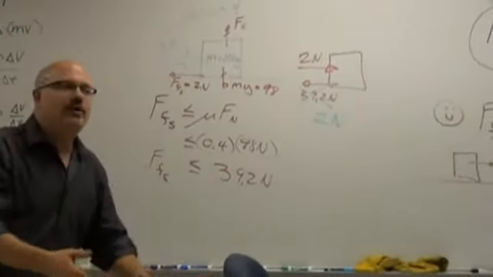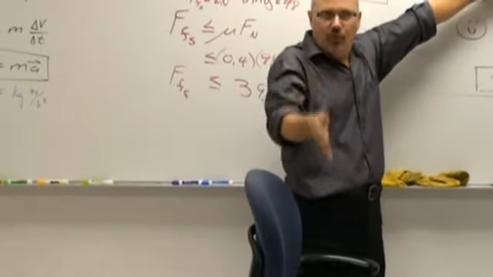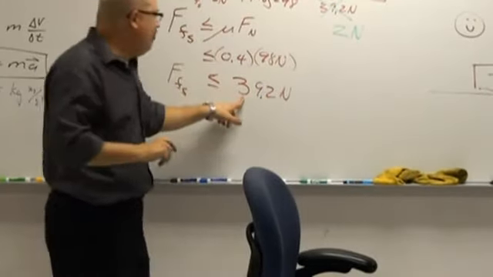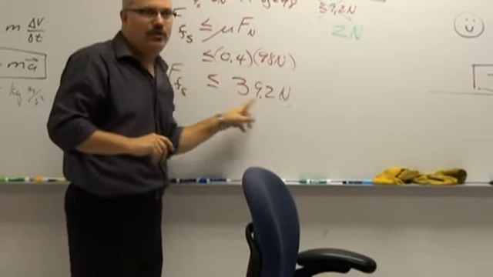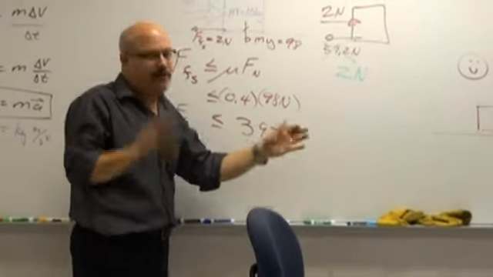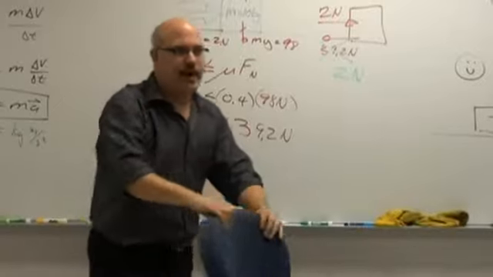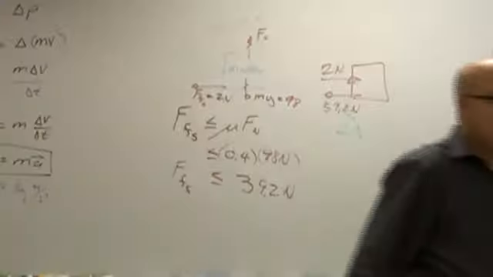So we'll just say when we get to the maximum friction, that's our point. You don't have to say 39.2 plus a bit. We'll just say 39.2 and we'll call it even. So that's the break-even point.